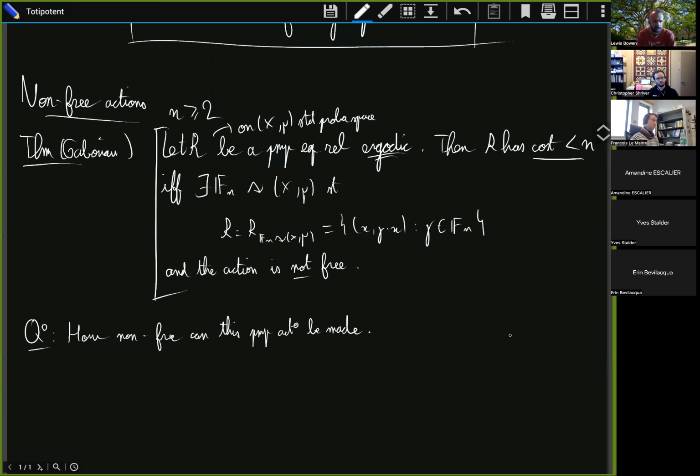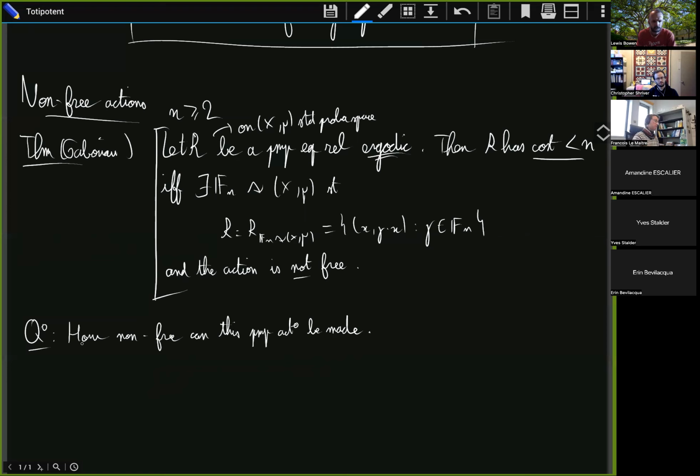Maybe you have some for which the action cannot be as free as for some other equivalence relations. But as we will see in this talk, I don't have any statement of this kind. All the notions of non-freeness that we will see can be asked for this free group action.